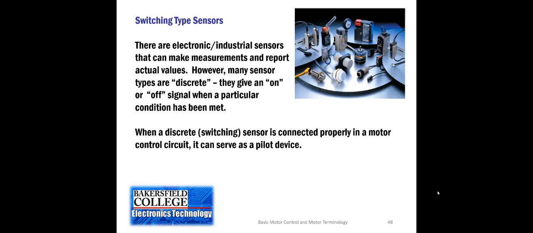Now, a lot of people use the term sensors to talk about both switches, which are discrete on-off devices, and types of sensors that make an industrial measurement of some kind. Maybe it's temperature or pressure or flow rate or RPMs or pH or any number of things that need to be measured for process control to happen.